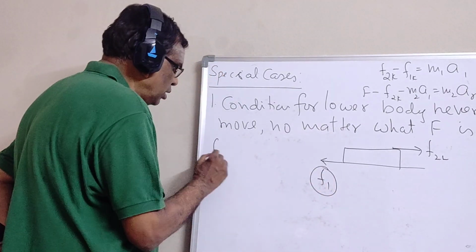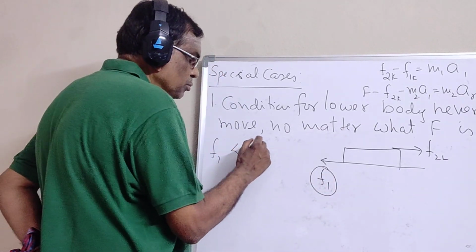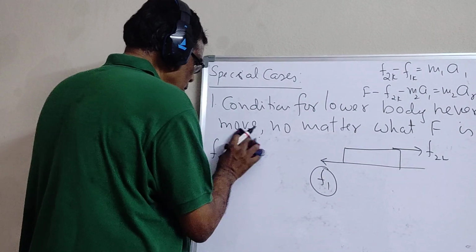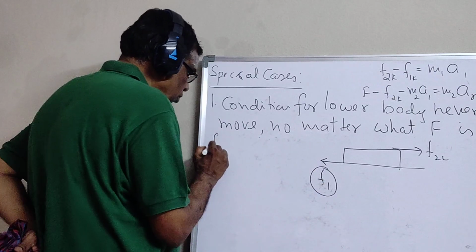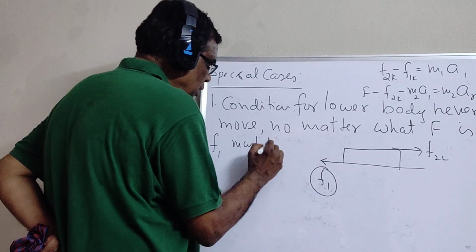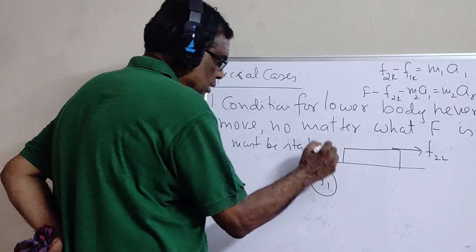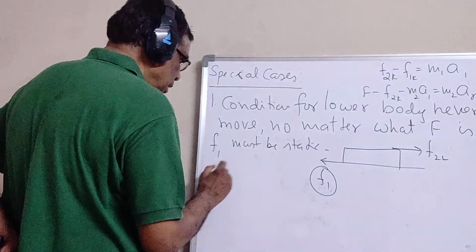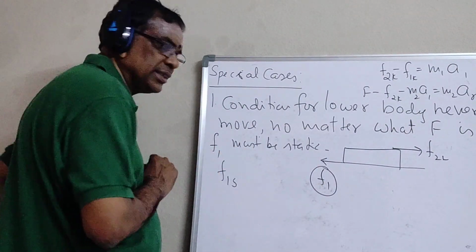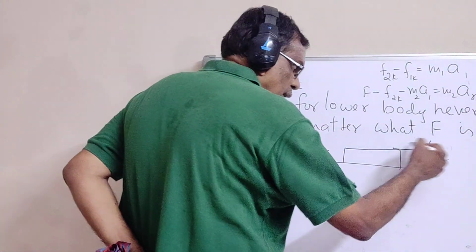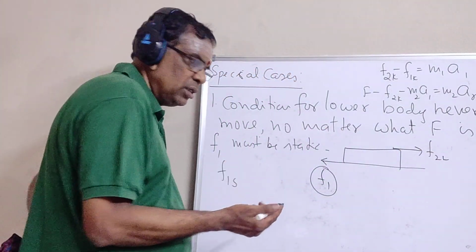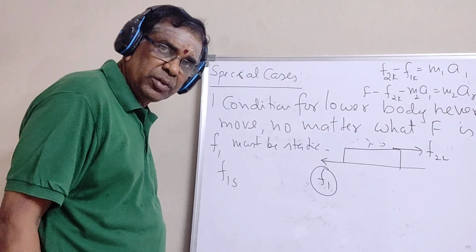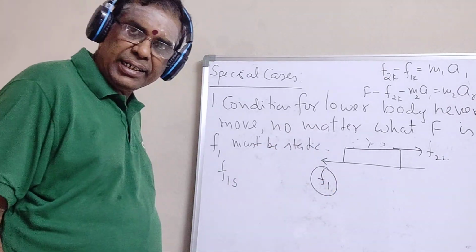Therefore, F1 must be static. What do you mean by static? That means it is F1s. So I can't apply any force. Therefore, the lower body cannot move, but the upper body moves because you are applying the force. So here, it remains static.